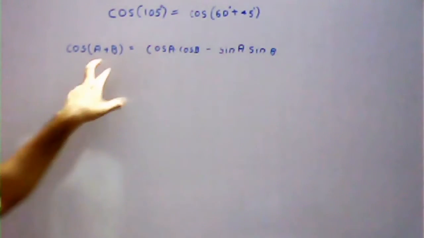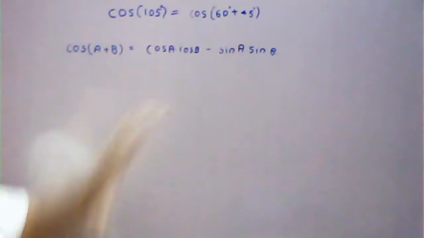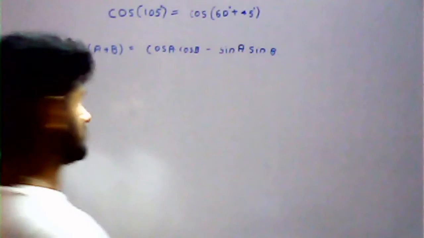Here it is minus sign for cos, whereas for sine if it is minus, then it becomes plus. It is vice versa for cos ratio.